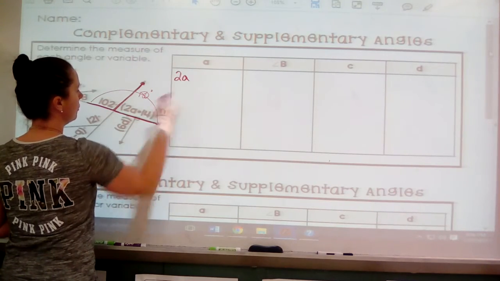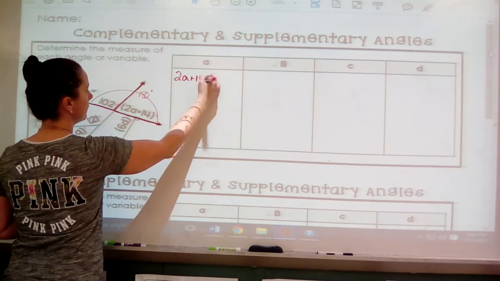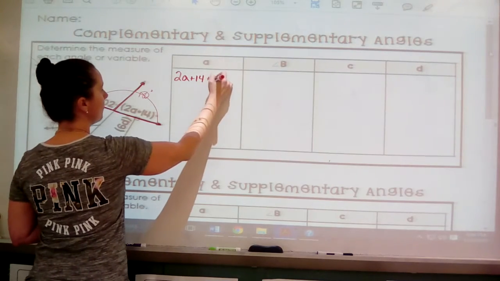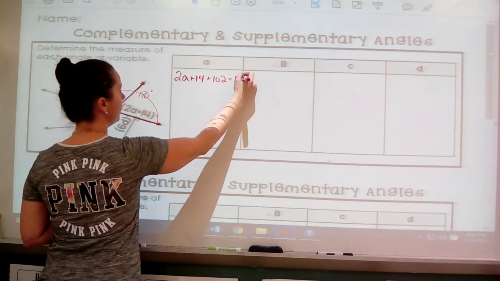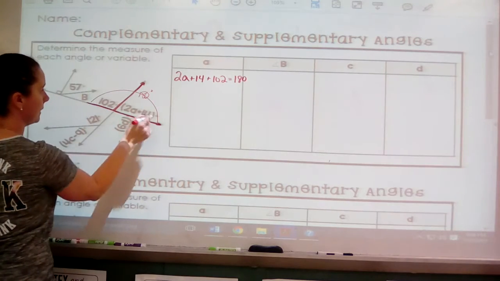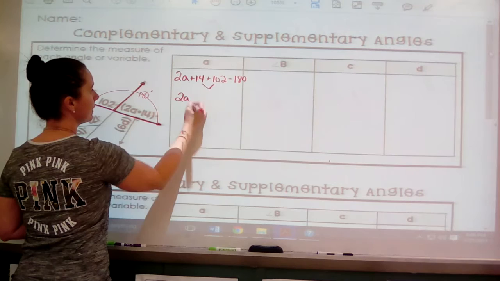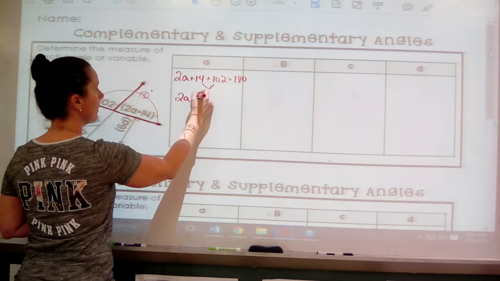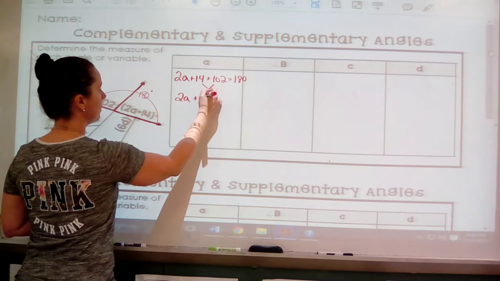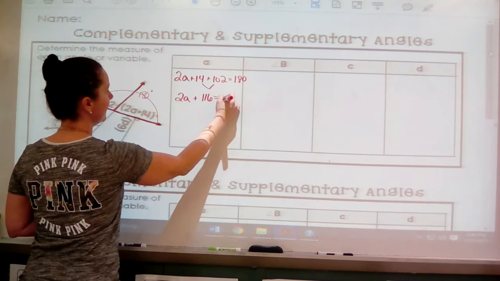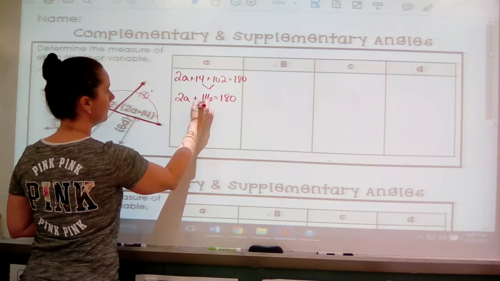So 2A plus 14 plus my 102 will be equal to 180 degrees. Now I'm going to combine like terms, which gives me 2A plus 116 is equal to 180.